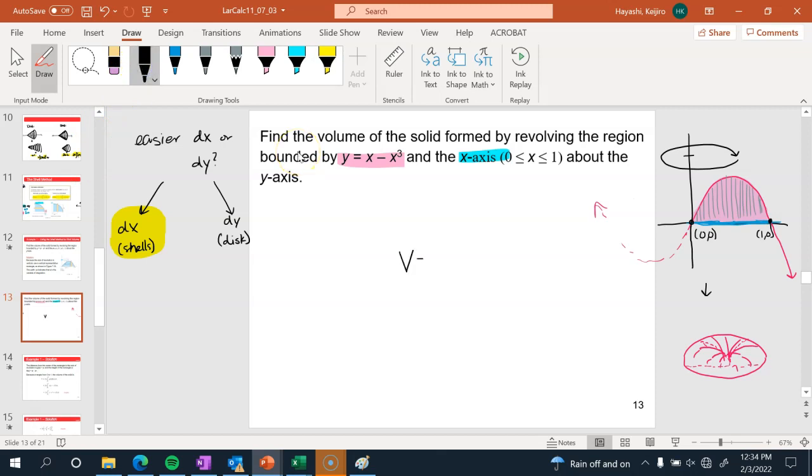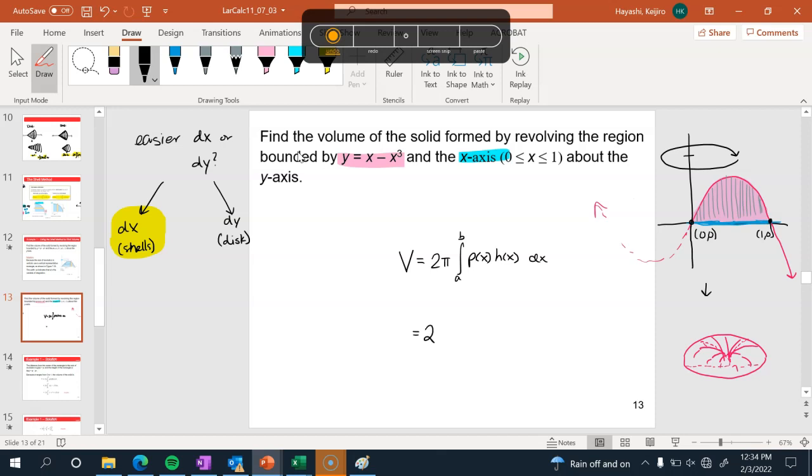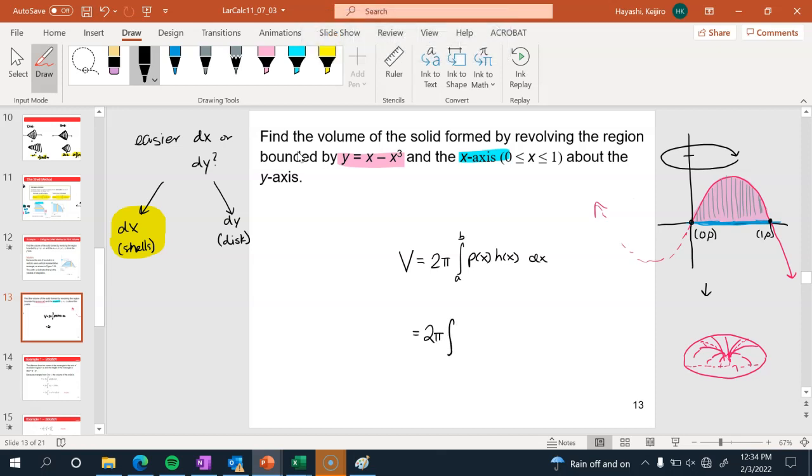So V is 2 pi from a to b of p of x times h of x dx. So 2 pi times the integral of, from your x values that are your bounds, x equals 0 and x equals 1.